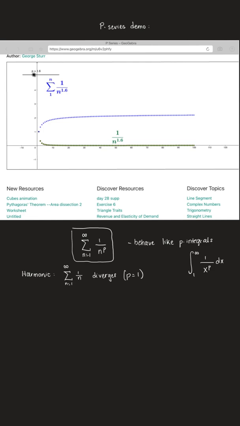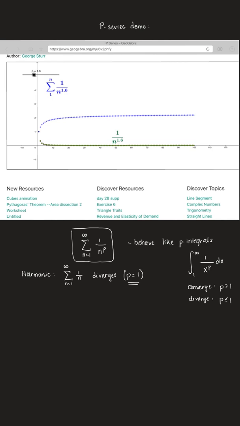And for the p-integrals, remember that these converged whenever p is greater than 1, and diverge whenever p is less than or equal to 1. And that is the case also with p-series. P equal to 1 is the harmonic.